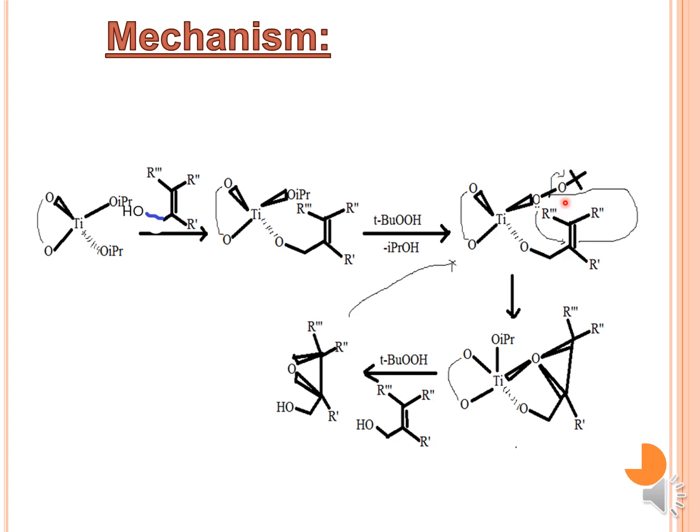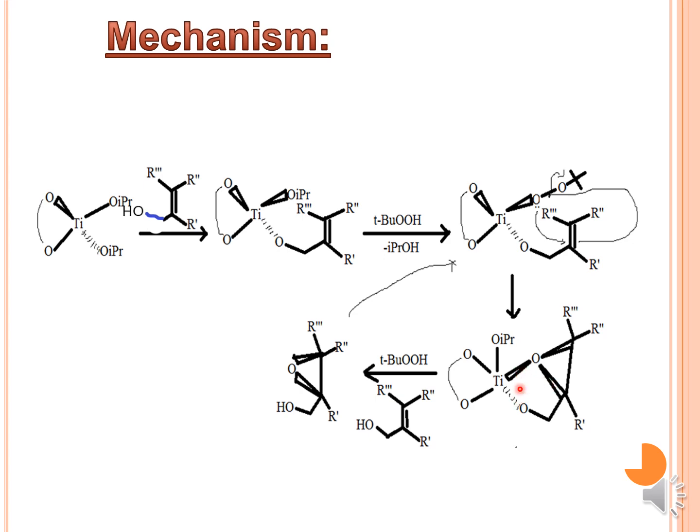At that time you will end up with this attack of the tertiary butyl, and then this oxygen, which has a lone pair of electrons, will come and attack towards the alkene position, and this again comes and attacks with the cleavage of the tertiary butoxide. Once the tertiary butoxide gets cleaved out, you will end up with this product adduct.